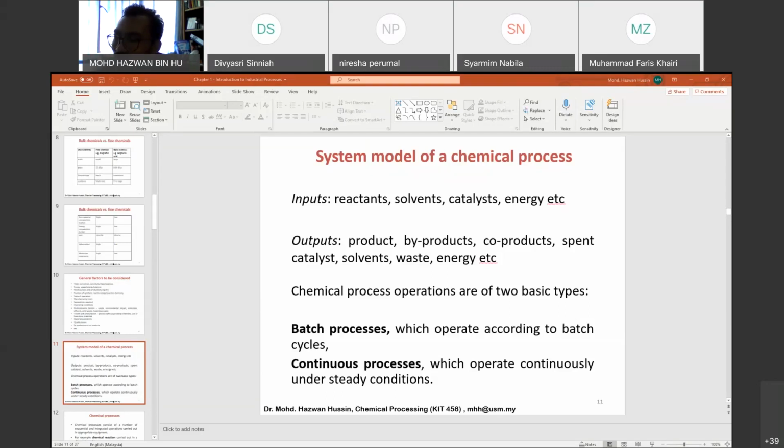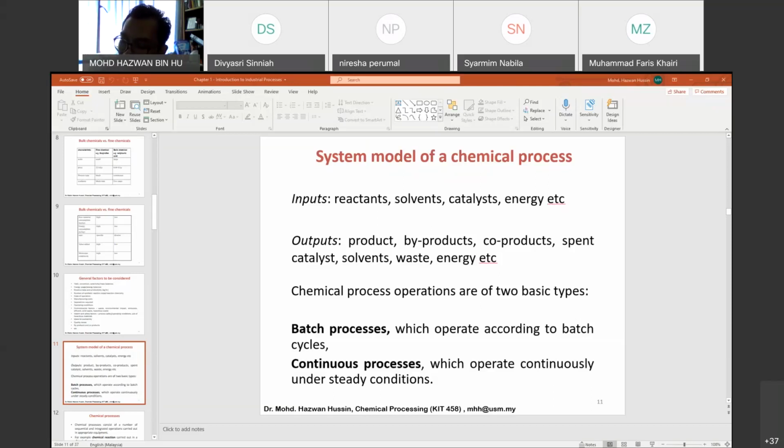You do fractionation, you do cracking of hydrocarbon, so like decane, you do cracking, it becomes pentane, hexane or whatsoever. This product is not produced from one process, but it is actually as an effect of one process.